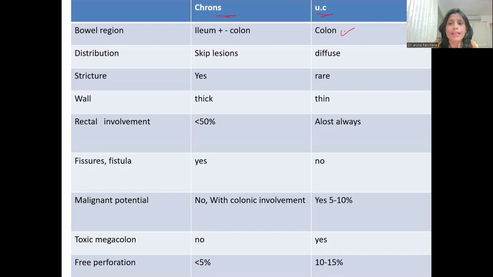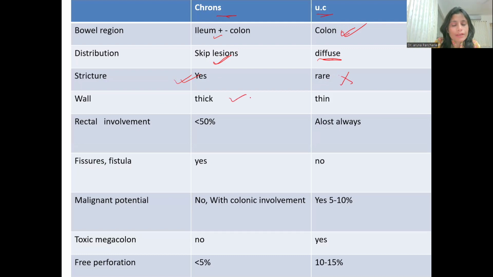As I told you, this is left-sided, so the colon is most commonly involved, and here the ileum and the colon. Skip lesions are seen in Crohn's disease, while ulcerative colitis is a diffuse disease. Strictures are more common in Crohn's because the involvement is transmural, and here strictures are not seen.